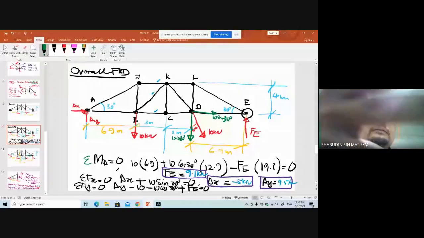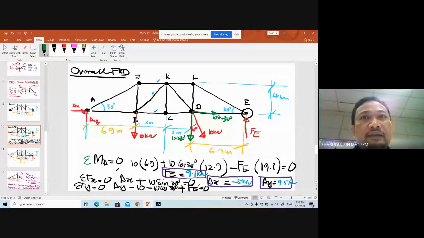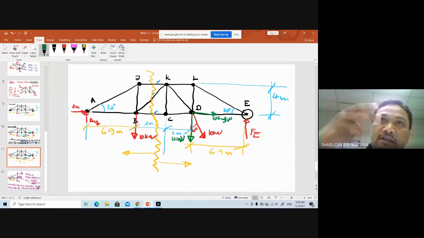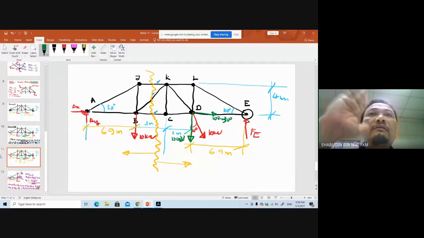And then get the external forces AX, AY, and FE simply. And then you cut it into 2 sections. You can cut 3 structures only. Then it's up to you to do analysis on left-hand side or right-hand side. The easiest way is to look at the simplest part.